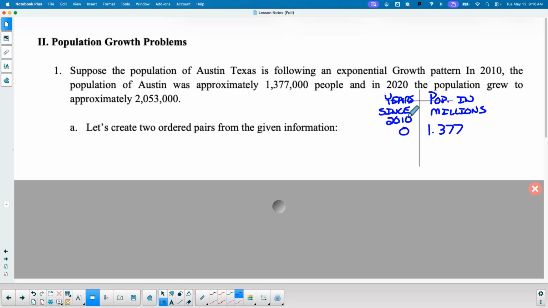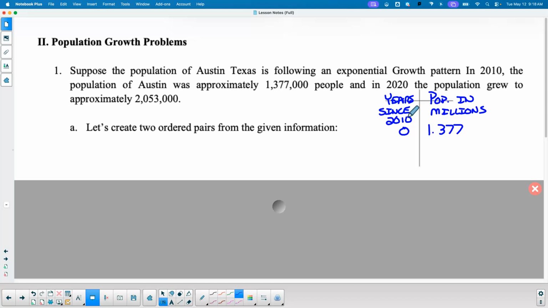Both of those titles of those columns are very important. Year 0 is not 2026 years ago. Year 0 is 2010. So we need to tell people that. 1.377 is not 1.377 people.